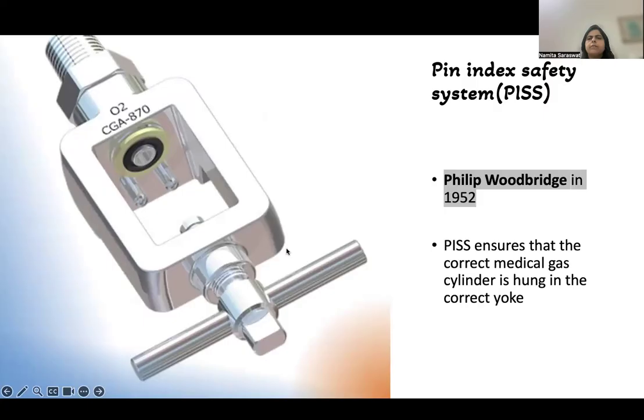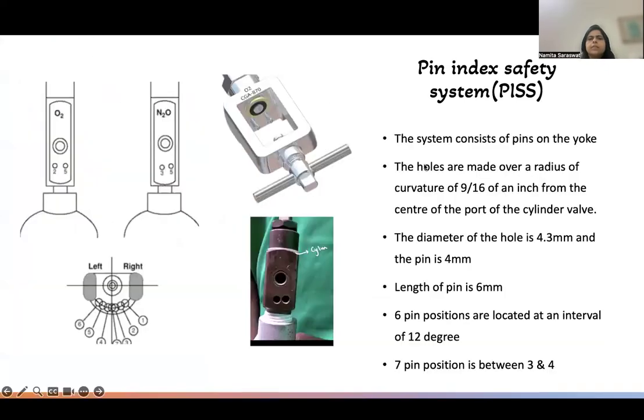Now here we'll discuss in detail the pin index system. It was invented by Philip Woodbridge in 1952 and it ensures that the correct medical cylinder is hung to the correct yoke. The system consists of pins which are present on the yoke assembly and holes which are present on the cylinder. So how are these holes made? The holes are made over a radius curvature of 9/16 of an inch from the center of the port of the cylinder wall.